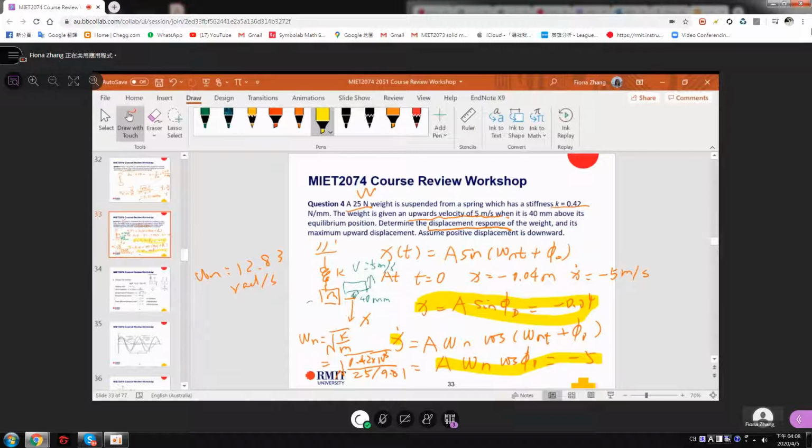Omega n is known, so you have A and phi 0. From here you can get A and phi. You can use tangent: from here, this one over this one, you get the tangent of phi, and from that you get phi. After you get phi, you can get A.